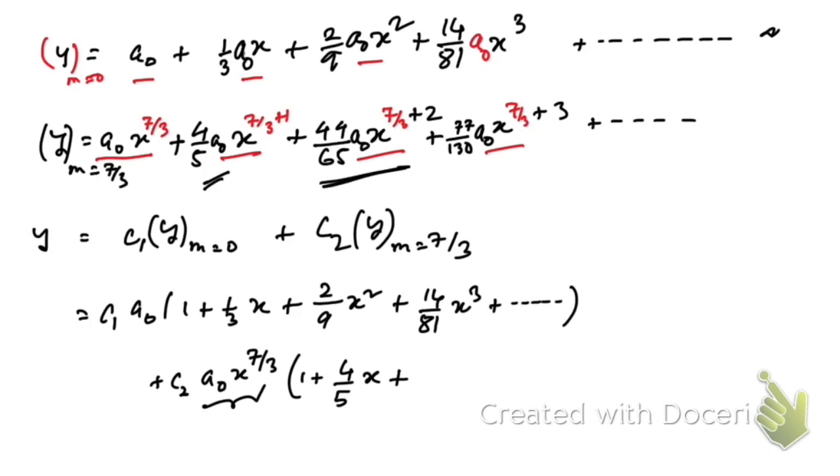Similarly, from the third term there will be 44/65 x to the power 2, and similarly 77/130 x to the power 3 plus dot dot dot and so on. So this is our solution.